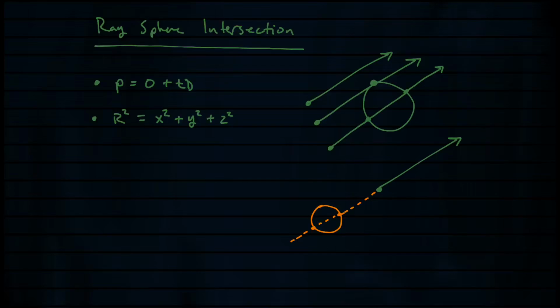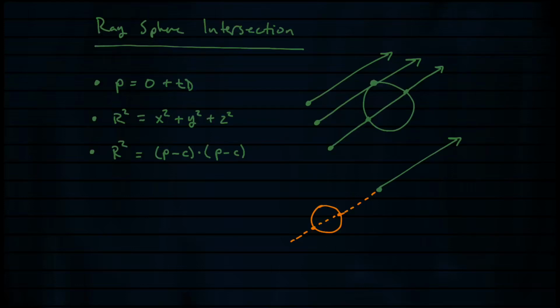So if we want to incorporate a location for the sphere, if we're going to use a vector format, we might actually say that r squared equals the dot product of any point on the sphere minus its center with itself. And it shouldn't take too much convincing to show that that's essentially the same idea as the previous example.